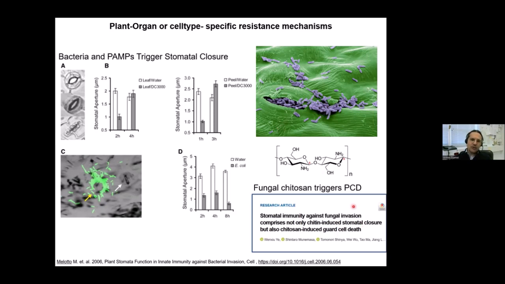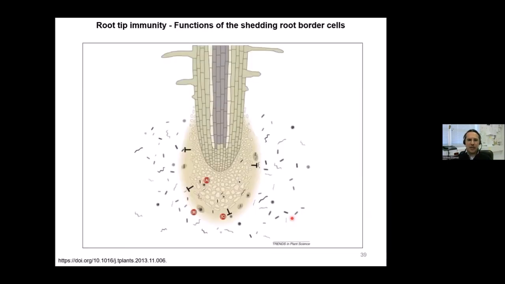Also, just a side note, fungi get recognized via the chitosan, but this is basically the same in different colors. Another example of an organ-specific defense is the root tip. In plants, you have cells which are released from the root tip and are loosely there, and they are needed to lubricate the passage of the root tip, which is the place where the cell division occurs, through the soil in order to prevent any harm to it.